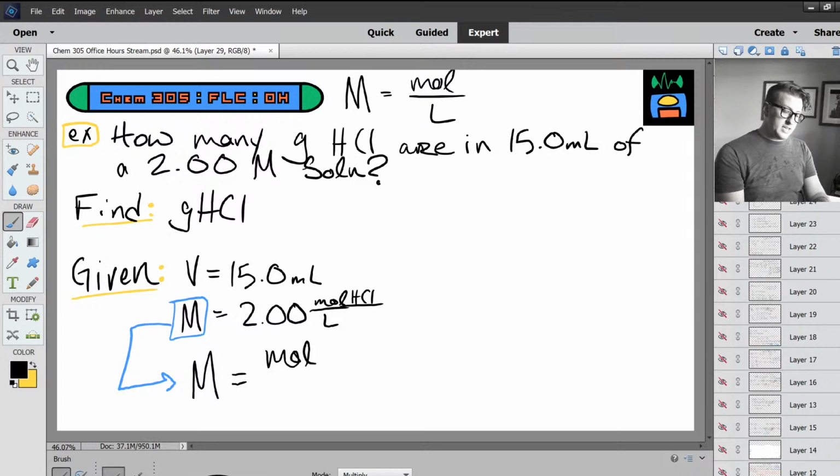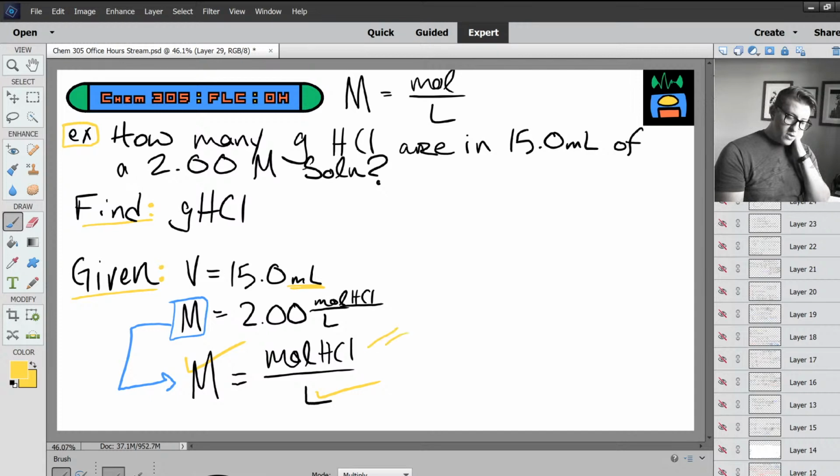We know that molarity is equal to moles of HCl over liters. Well, when you look at what we're given, we know the molarity, right? It's 2.00. And we also know the volume, even though right now it's in milliliters, we'll need to convert it. So this equation would allow us to solve for our moles of HCl.